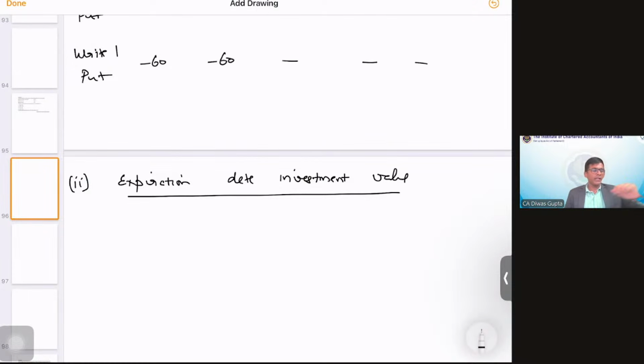Expiration date, investment value: 50, 55, 60, 65, and then 70.